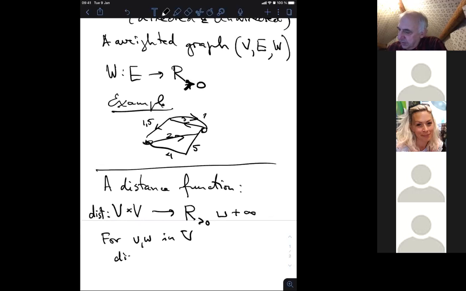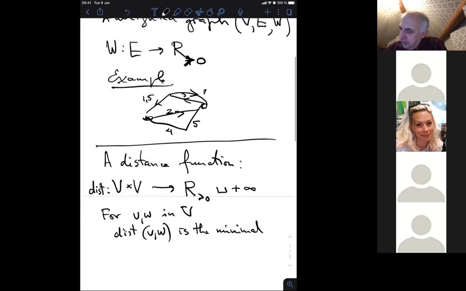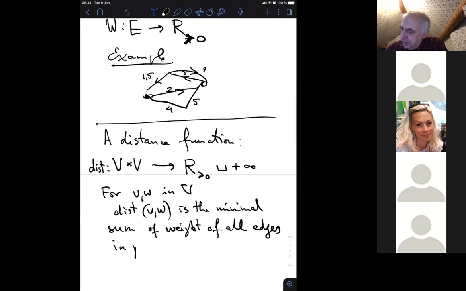So dist of v and w is the minimal sum of weights of all edges in paths connecting v and w. So just the sum of the edges.